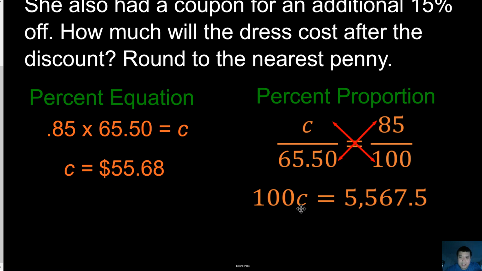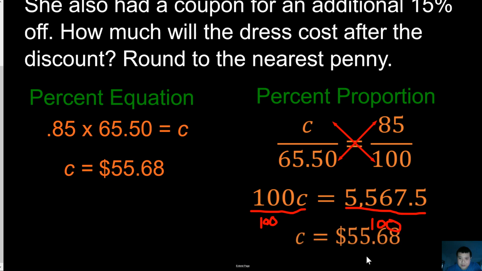Divide both sides by 100, as we know. When we do that, we move the decimal place over twice, which gets us our final answer of C being $55.68 when rounded to the nearest cent.